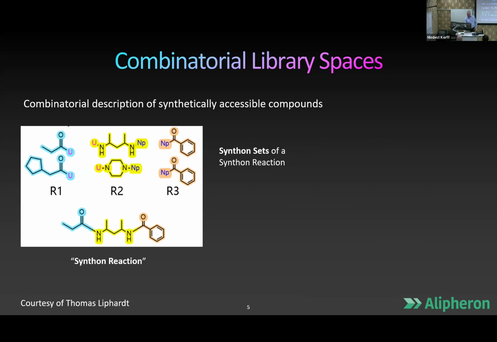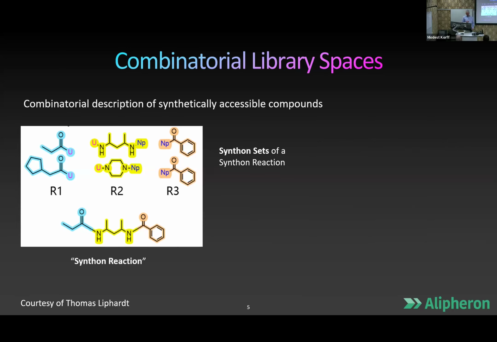Well, combinatorial library spaces are a way to describe libraries of synthetically accessible compounds. The pure difference to the real building blocks or molecules which are then combined into products is that here we have so-called clipped molecules.